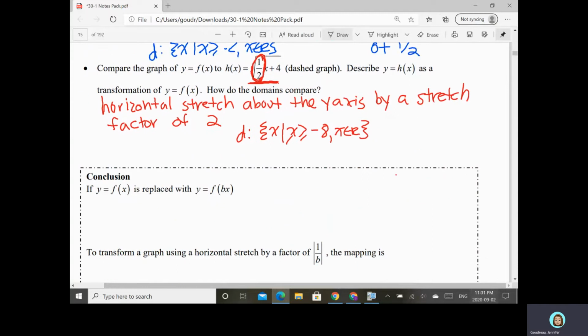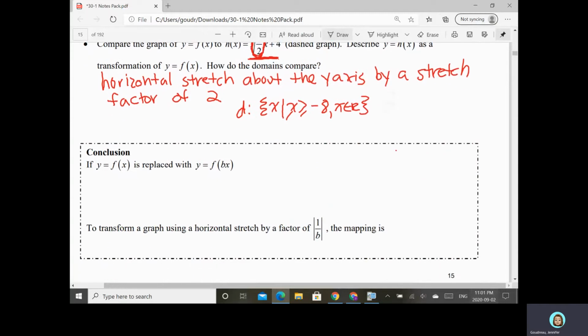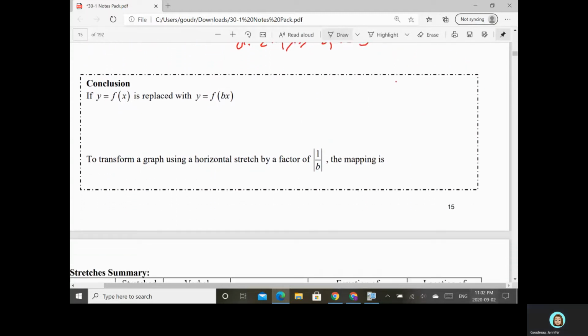Based on that exploration, let's go ahead and make a conclusion.